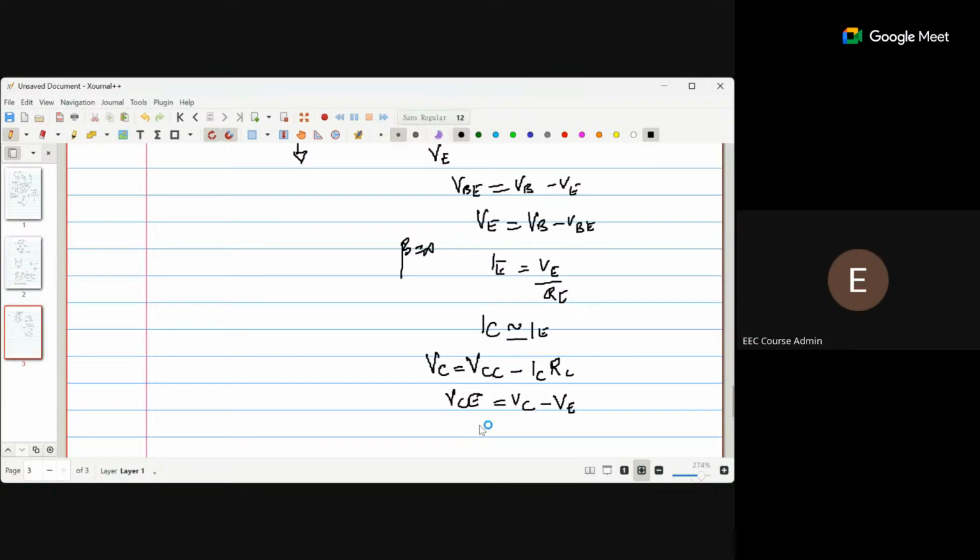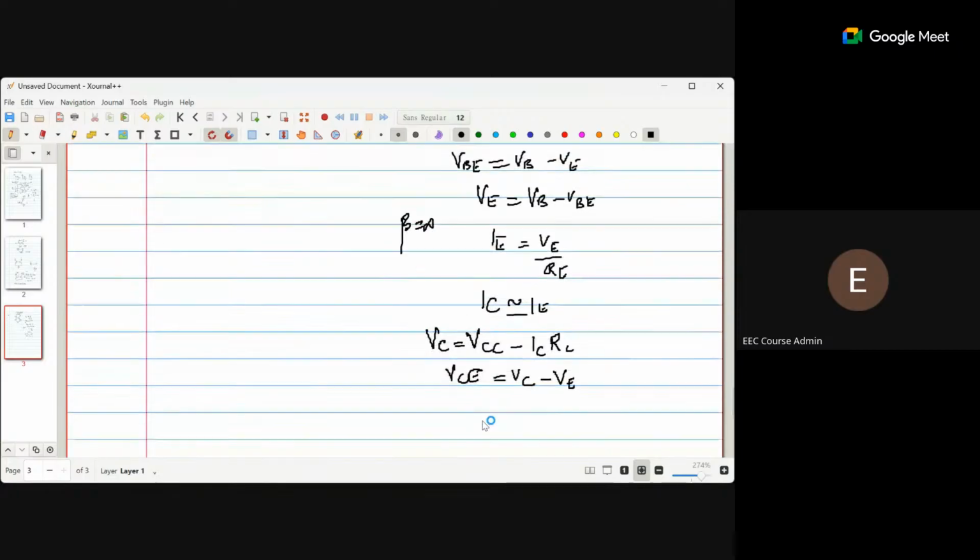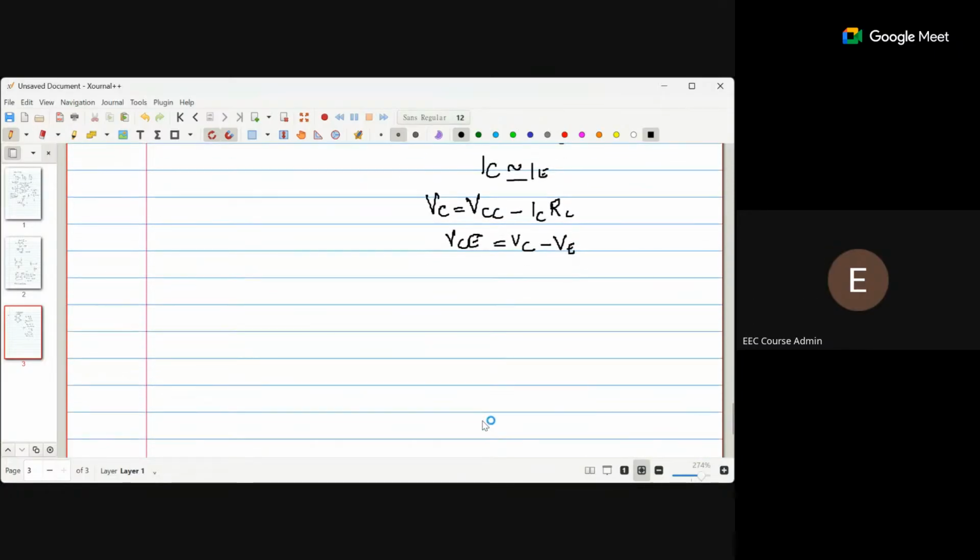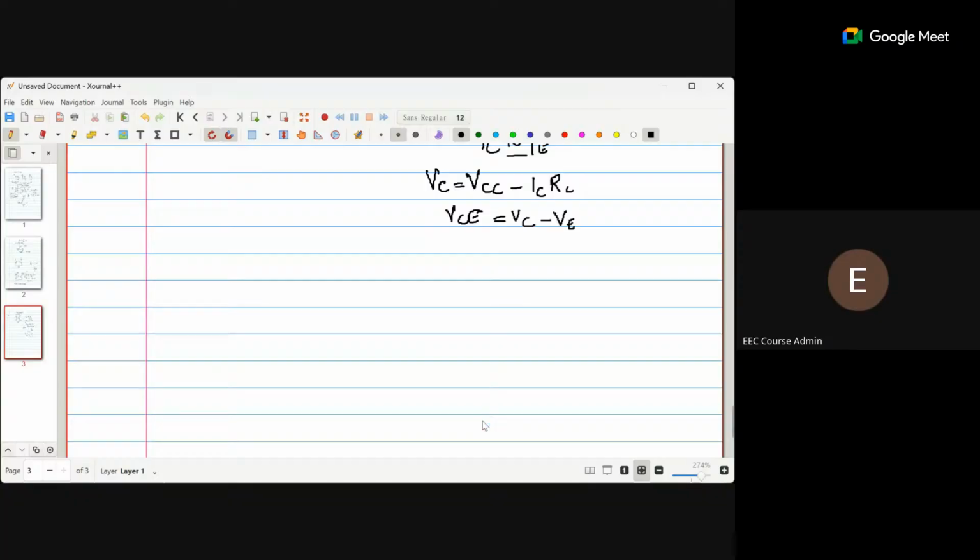Now, about the small signal gain. If you have that, the small signal gain V naught by Vi will be equal to minus Gm RC.